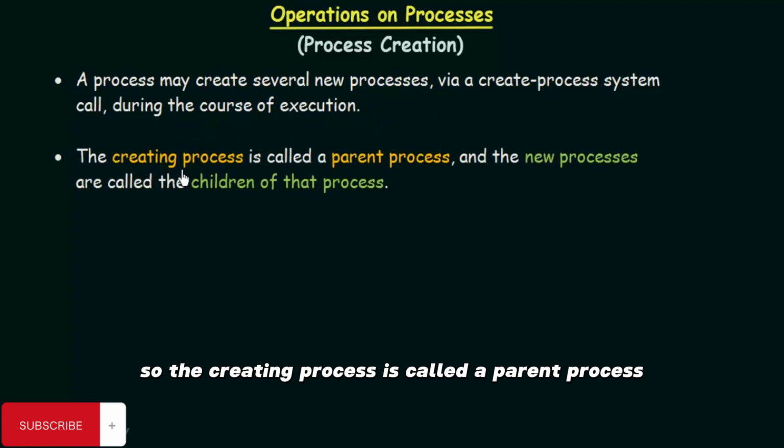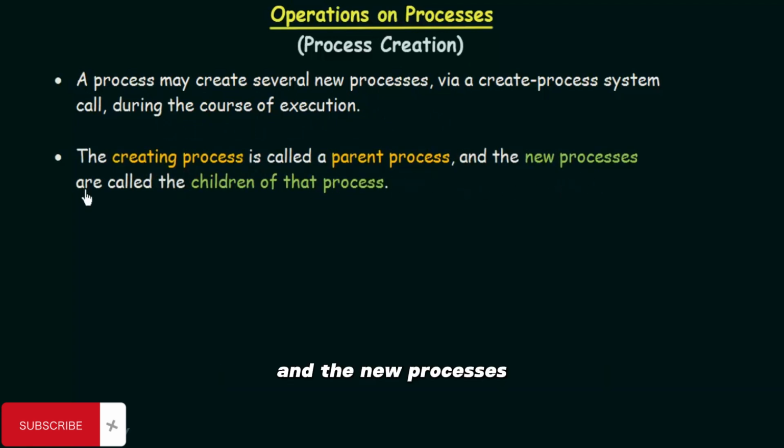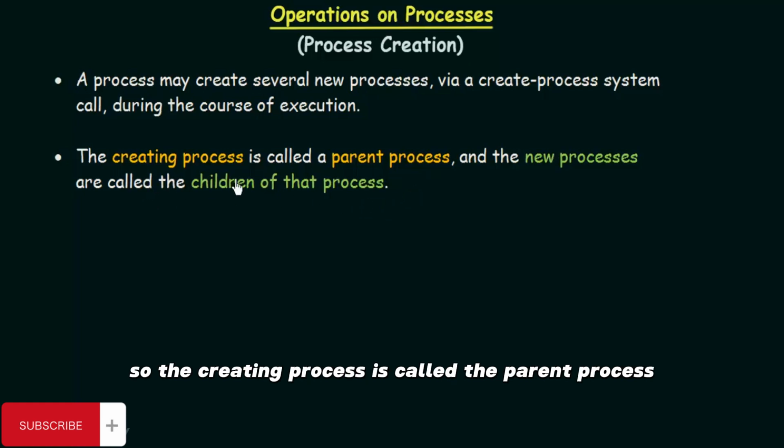So the creating process is called a parent process, and the new processes are called the children of that process. As I told you, one process can create many other processes under it during execution.